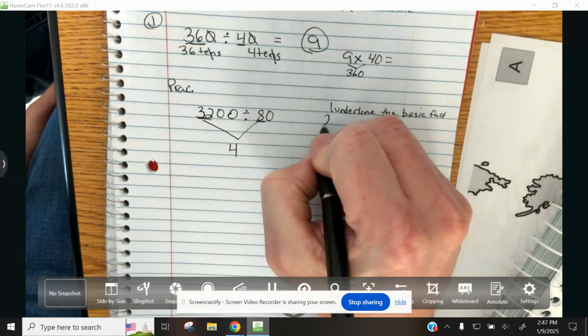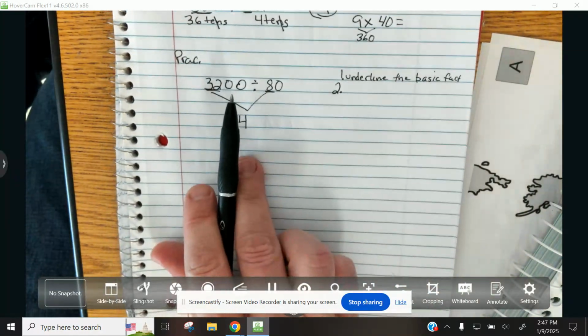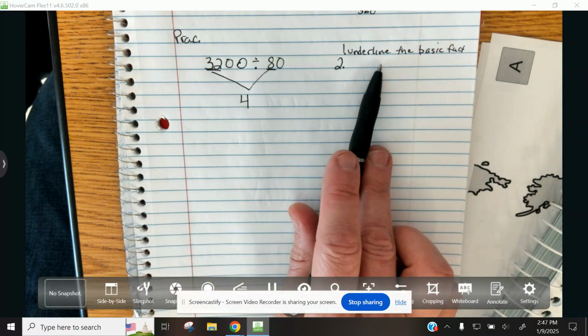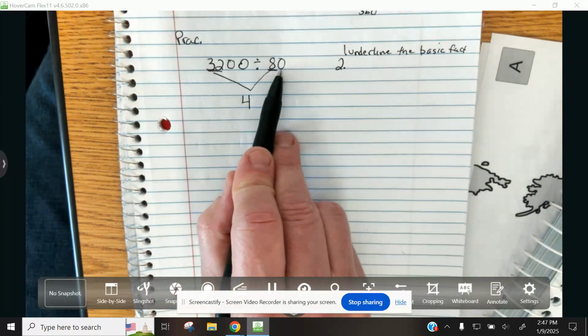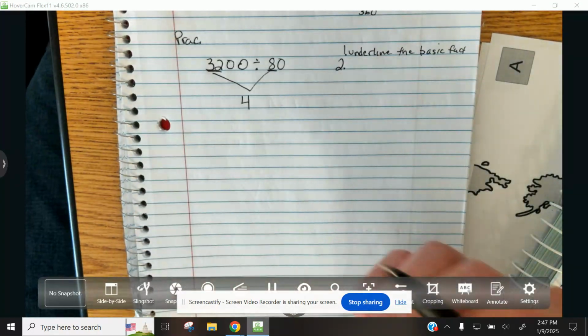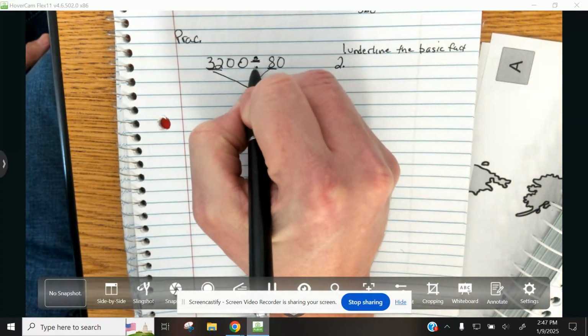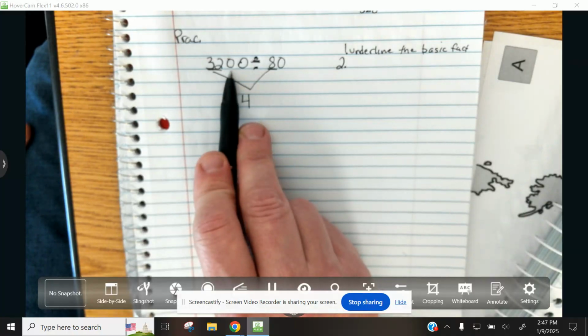Okay. When you go to do this, I'm going to talk you through this step first on how this works. And then once you understand how it works, we can write out what we will do here. Well, notice this has 2 zeros. This has 1 0. So when you're dividing zeros, zeros are going to cancel each other out. Notice they're on opposite sides of the division sign. I have 1 0 here and I have 2 zeros there.